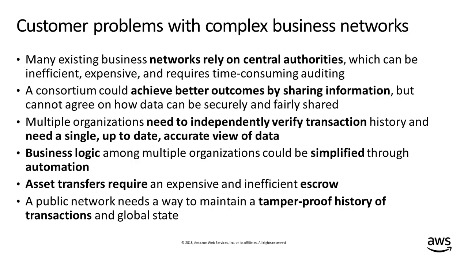The first use case: many existing business networks that exist today rely on central authorities, where I might want to transact, say, as company A, with company B directly. But instead, I go through a central authority that we both trust. The problem with that is that it's inefficient, because instead of transacting directly with you, now I have to go through this other entity that's slower, and it's expensive because they usually take a cut.